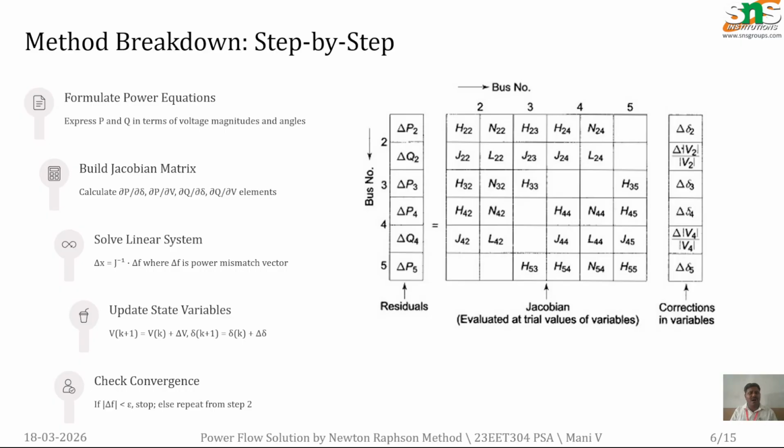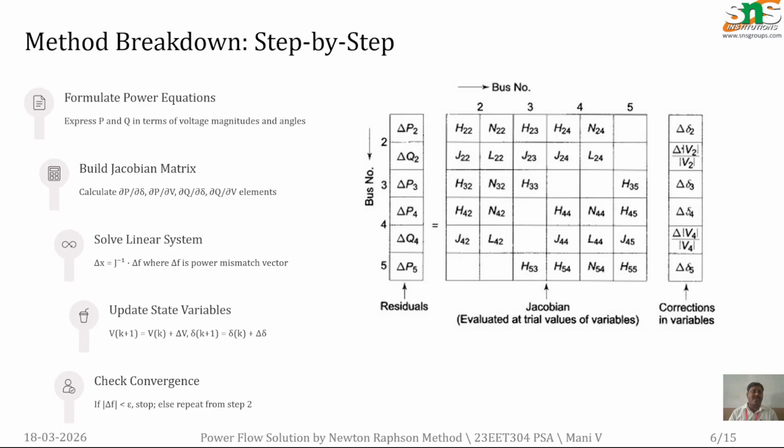From this we can build the bus admittance matrix and initialize the voltages, assuming the bus voltages as 1 per unit for all buses except the slack bus. From this we can build the Jacobian matrix. If we have 2 buses, we can form a 2 cross 2 matrix. If we have a 3 bus system, we can form a 3 cross 3 matrix.